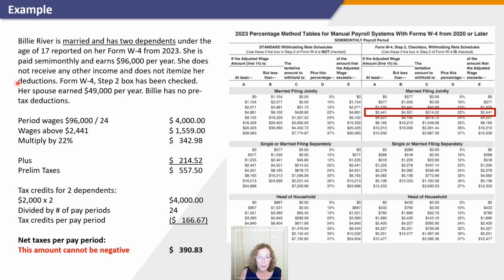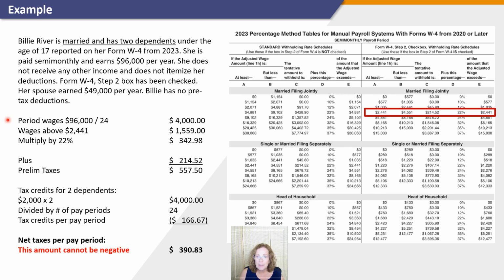Form W-4 Step 2 box has been checked. Her spouse earned $49,000 per year. Billy has no pre-tax deductions. So let's start off by dividing the annual wage of $96,000 by 24, which is $4,000. If Billy has any pre-tax deductions, we will deduct those now, but Billy doesn't have any.